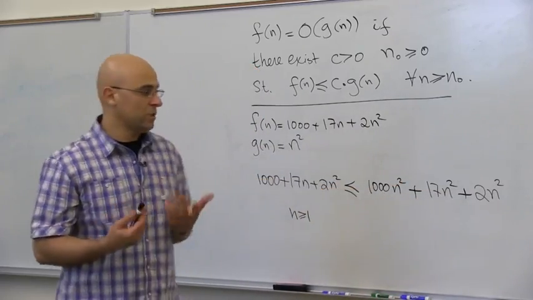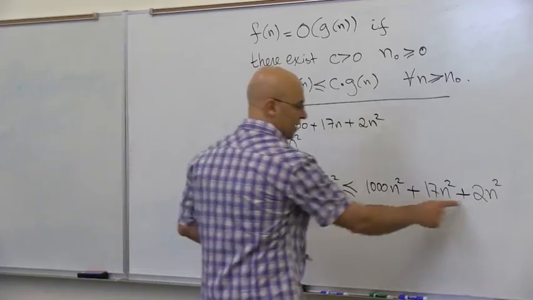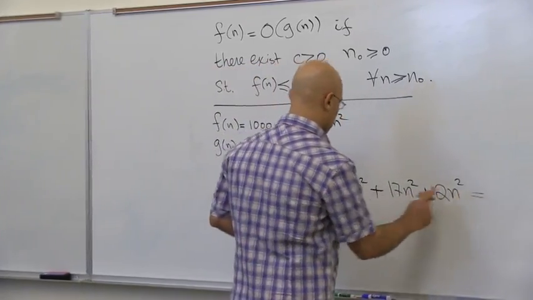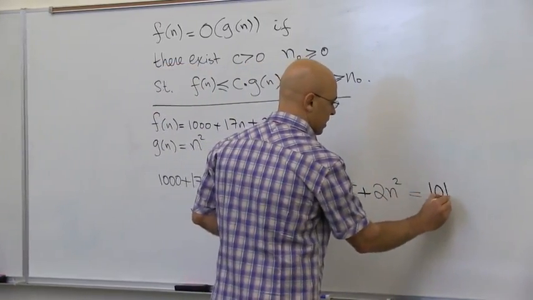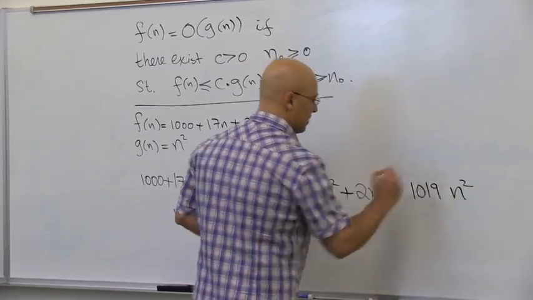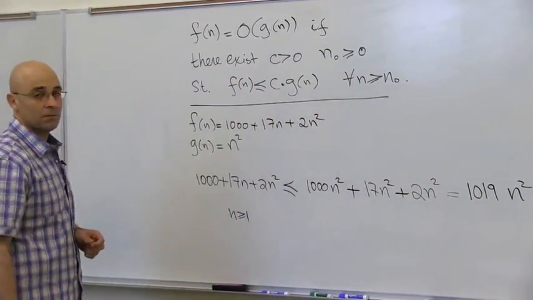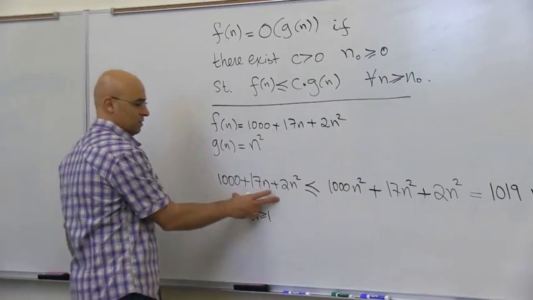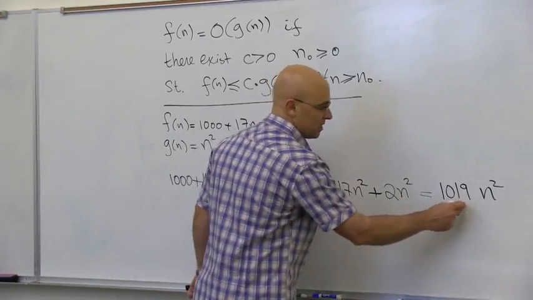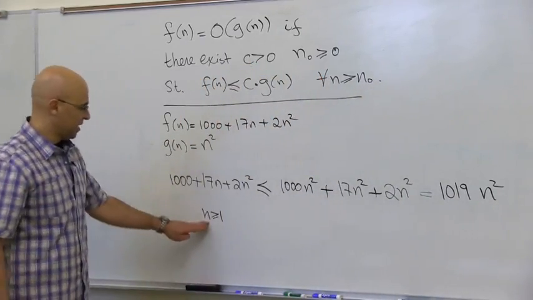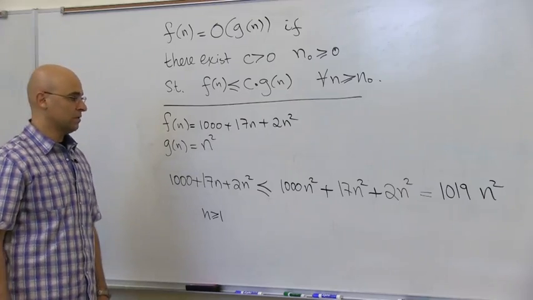So I would like to see n squared here, because once I see n squared here, this is a term that's easy for me to manipulate, because now I can add these numbers and say 1,000 plus 17 plus 2 is 1,019 n squared. So now I have this function that is guaranteed to be smaller than or equal to 1,019 n squared for every n greater than or equal to 1.